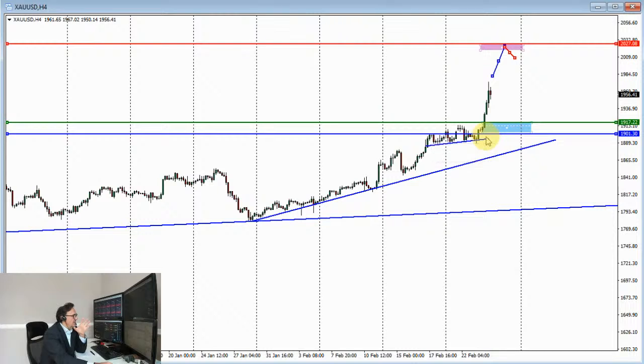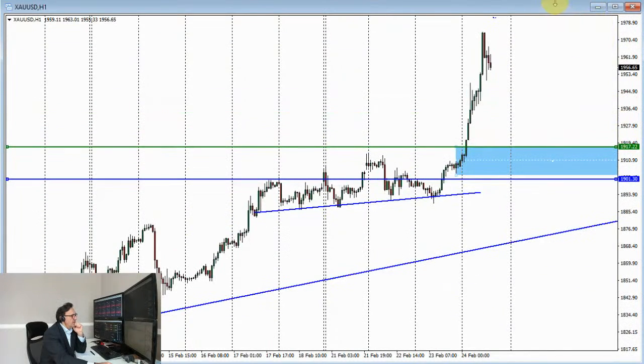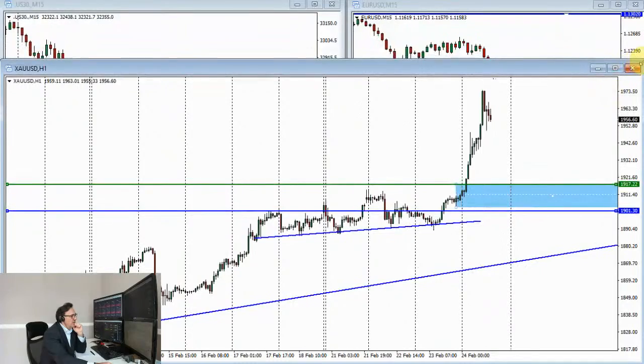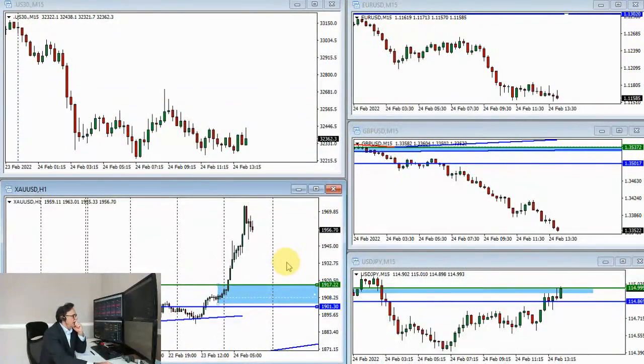So I have nothing in gold at the moment. I'm completely flat, and I am waiting for some sort of setup here as well.